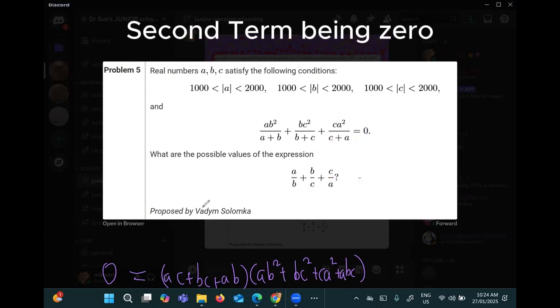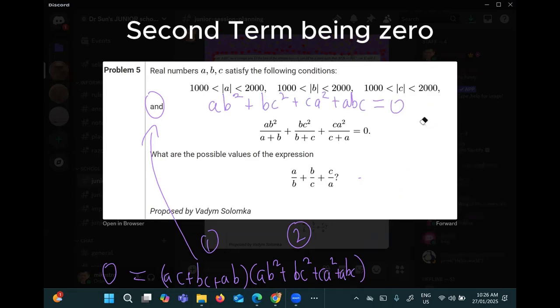So that means either this thing is 0, or this thing is 0. Okay, I want us to explore this second option first. We'll call this 2 and this is 1, yeah? Someone tell me what happens if 2 is equal to 0. Never mind. You're told they're not 0, yeah?